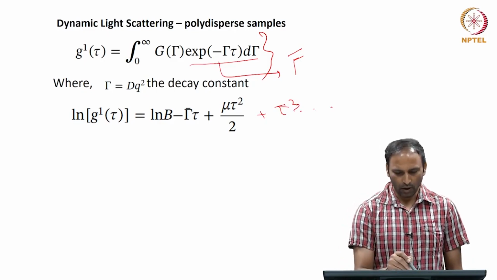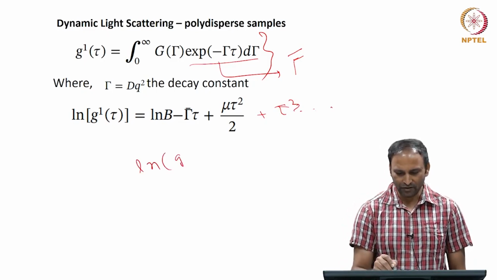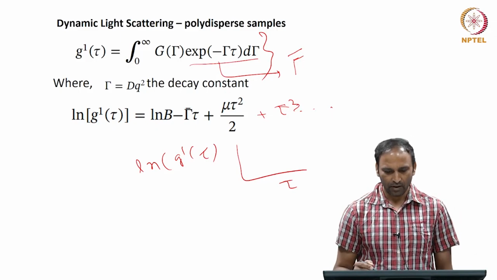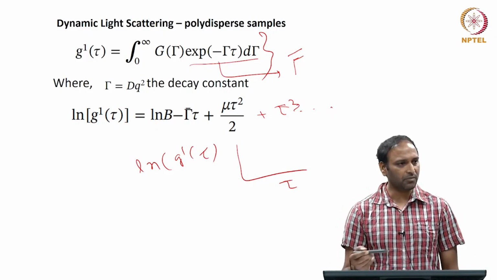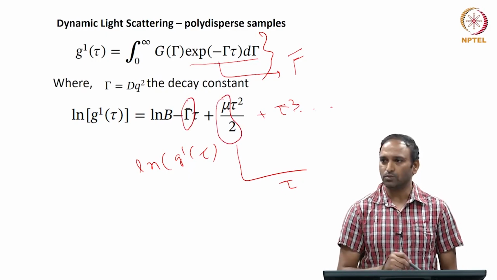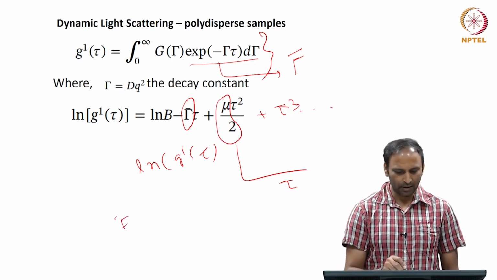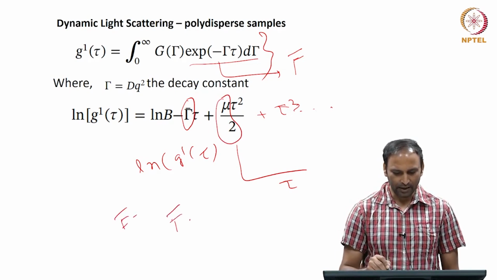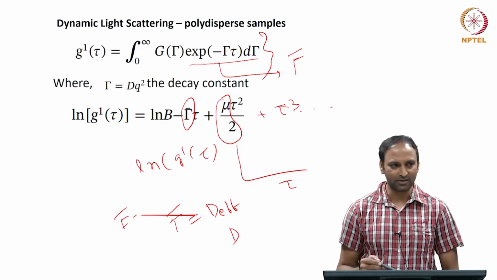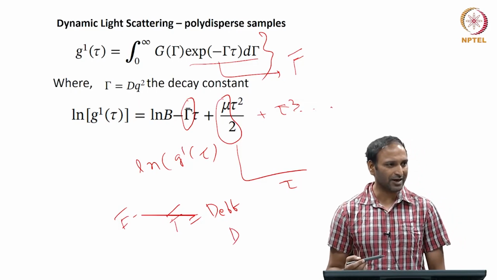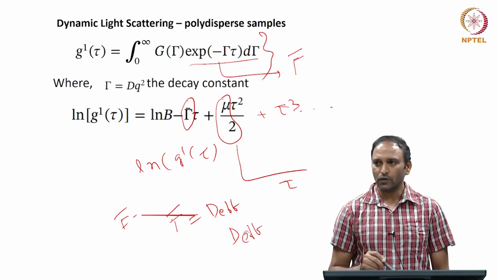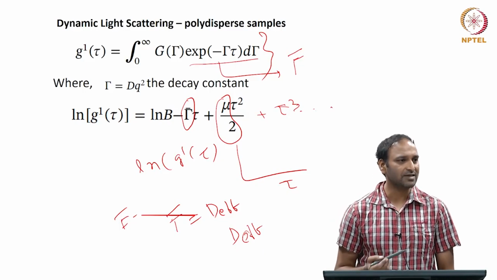So, if you plot ln of g1 of tau versus tau, which is what you have access to, then I can fit a function and get tau bar and mu by 2. From tau bar, I can get D effective, the effective diffusion coefficient, not D anymore because you have particles of many different sizes, and because I am interested in the average size, I get D effective. And this mu will have information about the polydispersity of the sample.